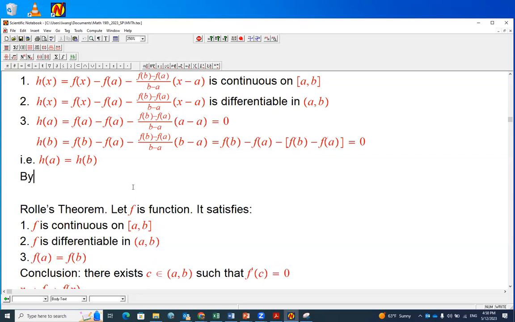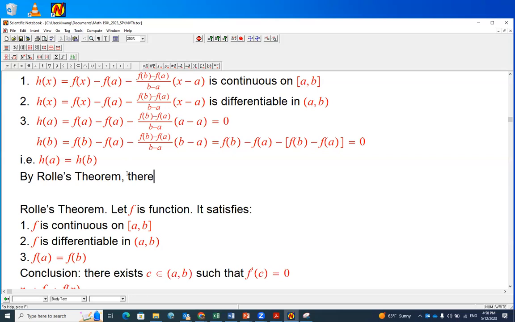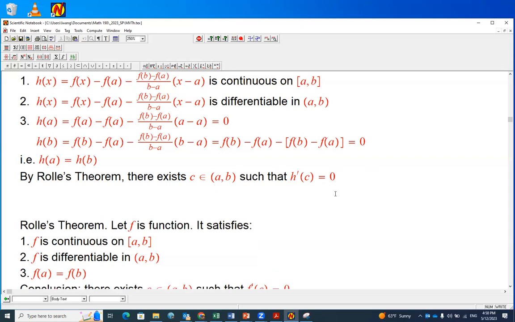Then you say by Rolle's theorem, there exists c in (a, b) such that the derivative of h at c is 0, right?